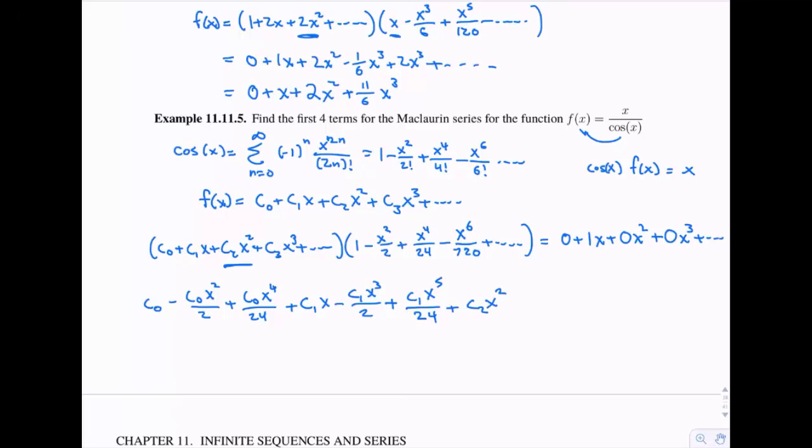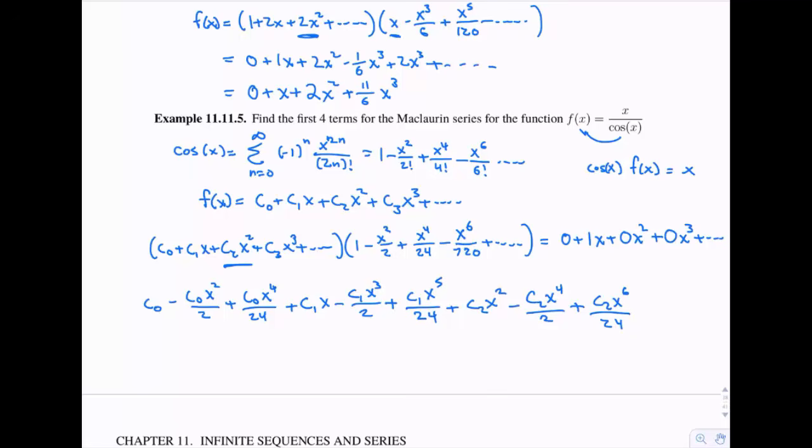Now let's start multiplying together our c sub 2 times x squared. First by 1. There we are. Now by negative x squared over 2. So this is going to give me my negative c sub 2 x to the fourth over 2. And that's probably a fine place to stop, but I'll do one more just in case.